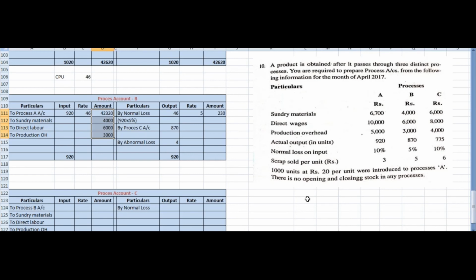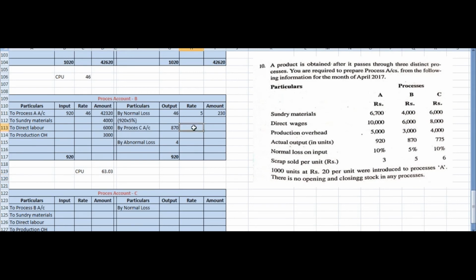How much? 63.03. Correct? 63.03, sir. The 0.03 is a fraction.